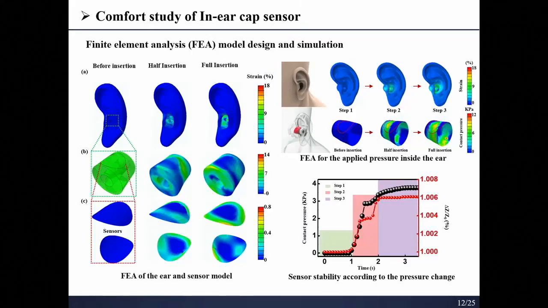I also did a comfort study of the In-ear Cap Sensor. A finite element analysis simulation was conducted to study the degree of comfort when wearing the In-ear EEG earphone in our ears. So I carefully designed the model of ears and each part of the In-ear Cap Sensor. And I also studied the applied pressures when the In-ear Cap Sensor goes into our ears.